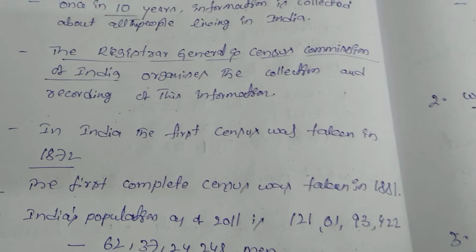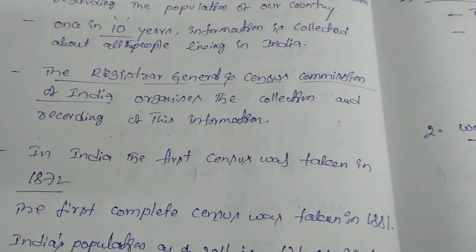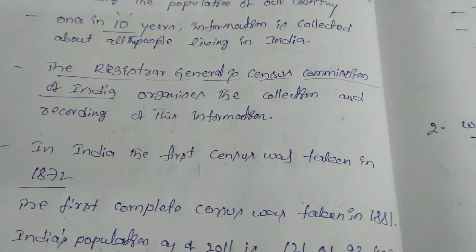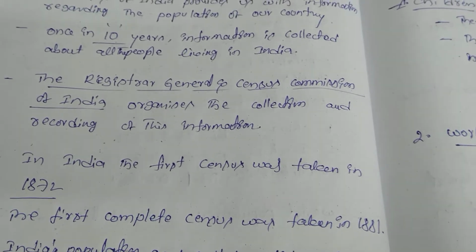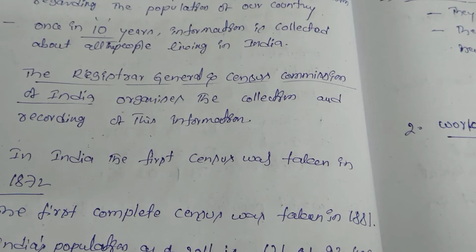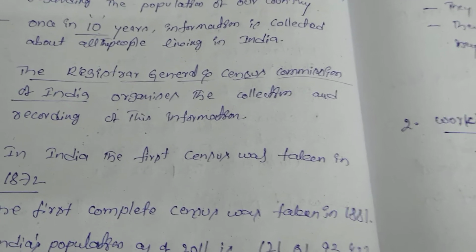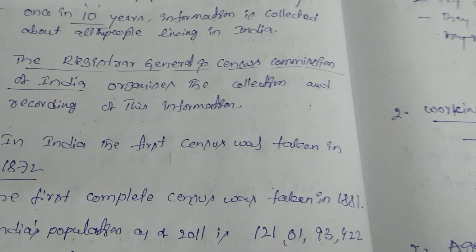Previously, in Telangana, after forming the Telangana government, they gathered some information about the people, but that is not considered as census. Okay, so according to the 2011 census, India's population is 121 crores 1,93,422.